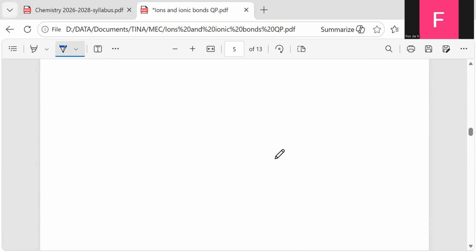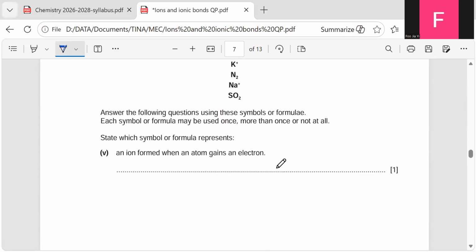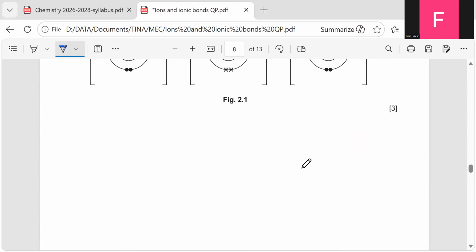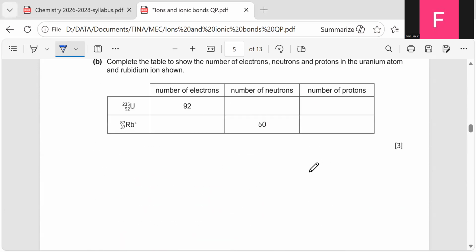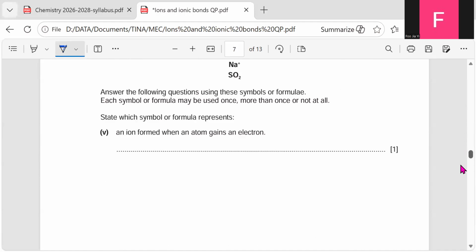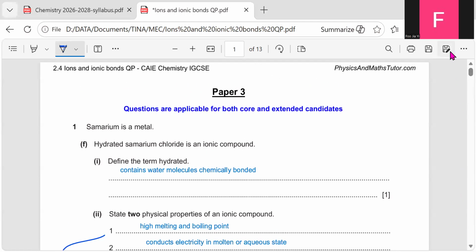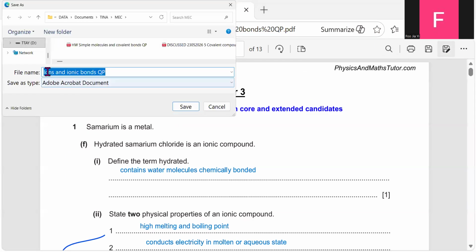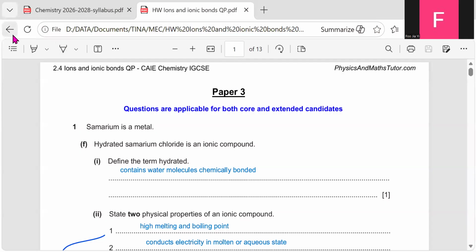Okay, this one, I want you to finish it as homework also. You guys are like half know, half don't know. It's very dangerous. Okay, so the rest of this paper, do as homework. Yes, everything. I got one more for you. Wait. Okay, finally, look at the last paper.